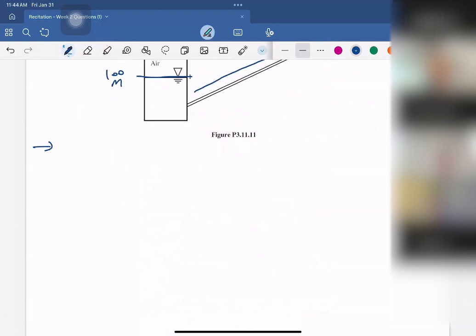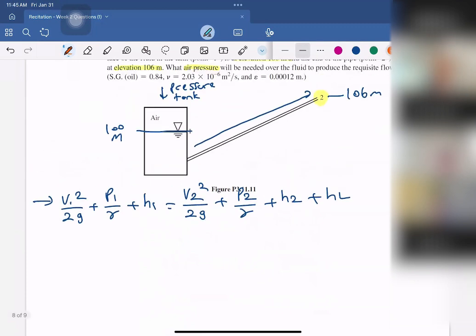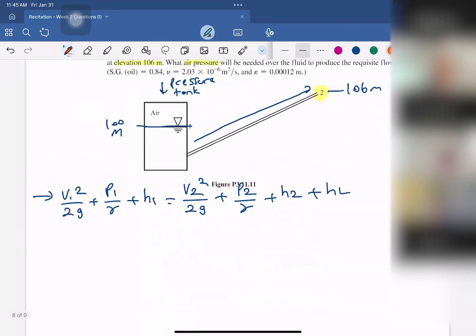And we will get started with the equation again. And as always, we will keep going by eliminating some values. So first of all, since this is a very large tank and we are considering the velocity at the surface, it should be so slow that we can neglect it, so it is 0.